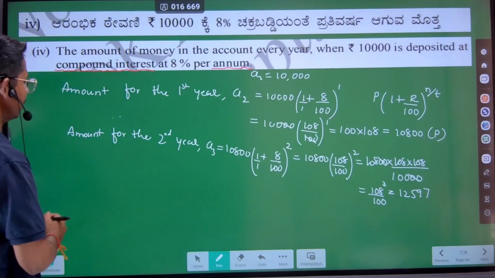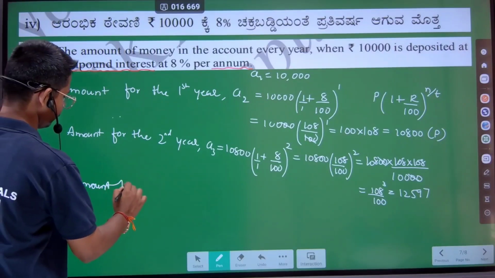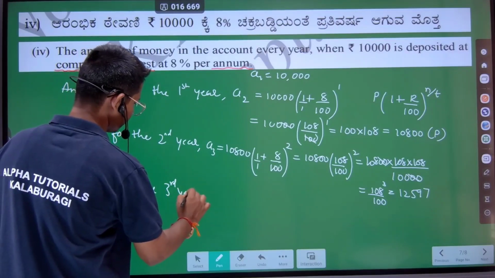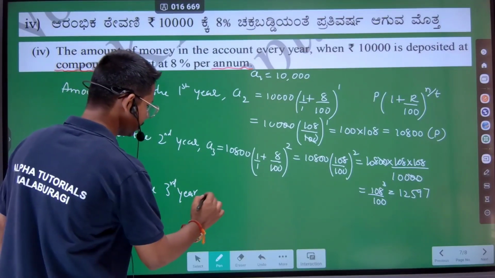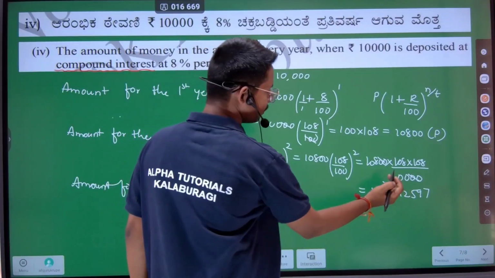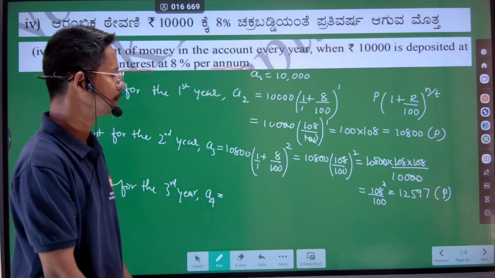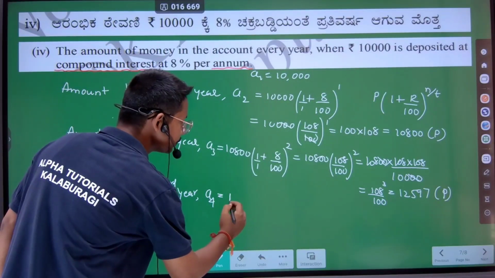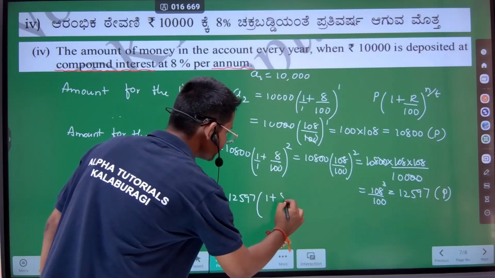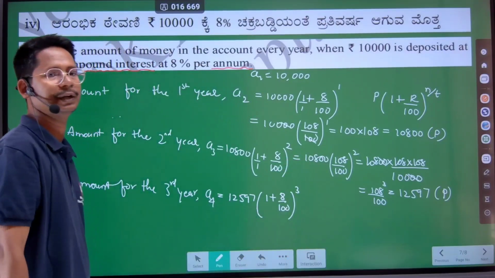Similarly, I'll find the amount for the third year, represented as A4. Now this value is going to be the principal for the next year. So the principal amount is 12,597. 1 plus 8 by 100, and here the duration is 3.